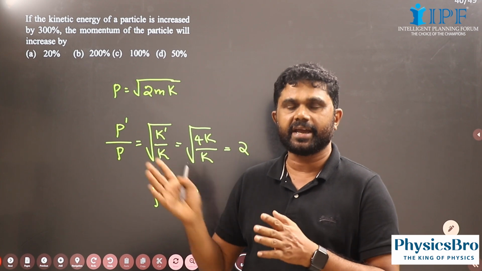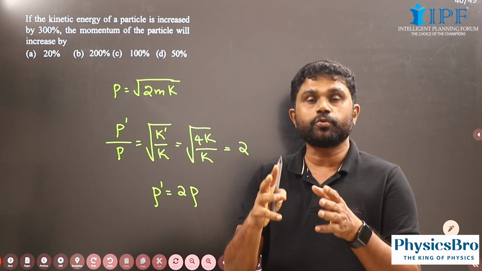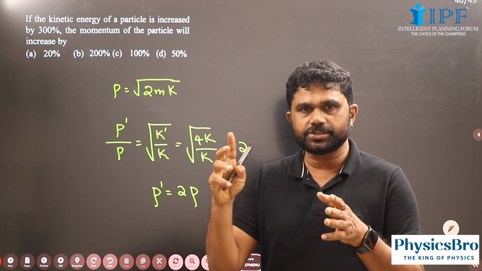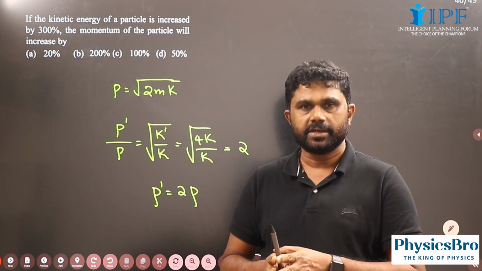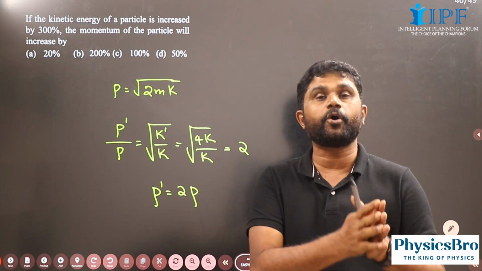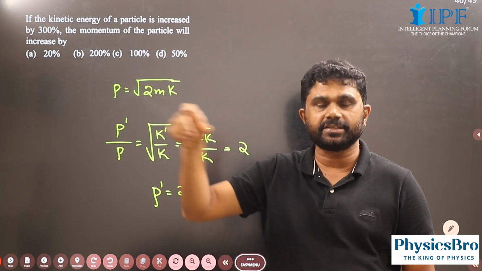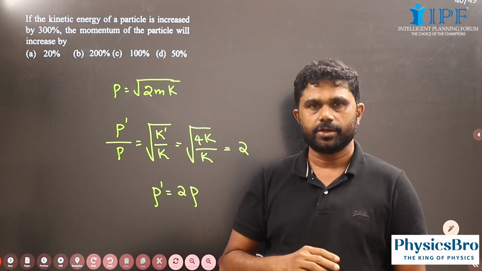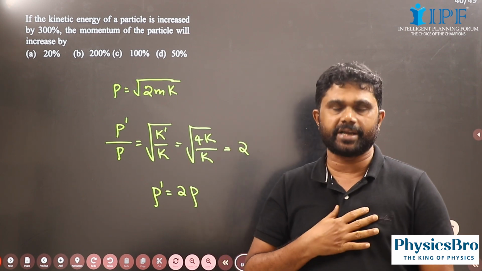Here k is used to represent kinetic energy. So 200% of kinetic energy means 2k. 150% means 1.5k. 80% means 0.8k. To convert a fraction to percentage, you have to multiply by 100. To convert percentage to fraction, you have to divide by 100.